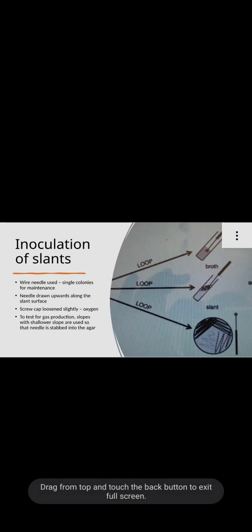So the next slide now talks about inoculating the slant, and it follows almost a similar process. But in this case, the tube would be a narrow one, and you may not get as many streaks as you get on the plate.